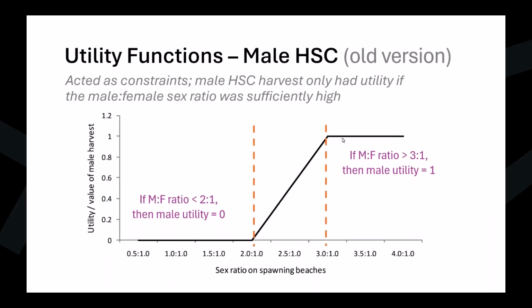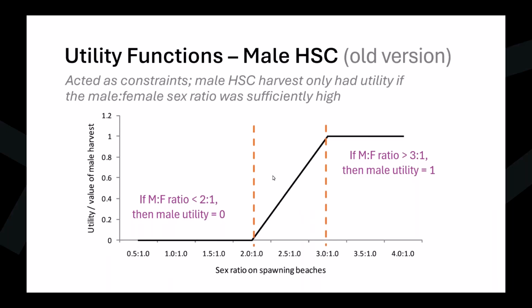However, there was uncertainty in what the required or necessary sex ratio was at the time. Some laboratory or very controlled experiments showed that a 2-to-1 male to female ratio on a spawning beach was sufficient for full fertility. Other genetics data indicated that on spawning beaches, multiple males were fertilizing single nests.